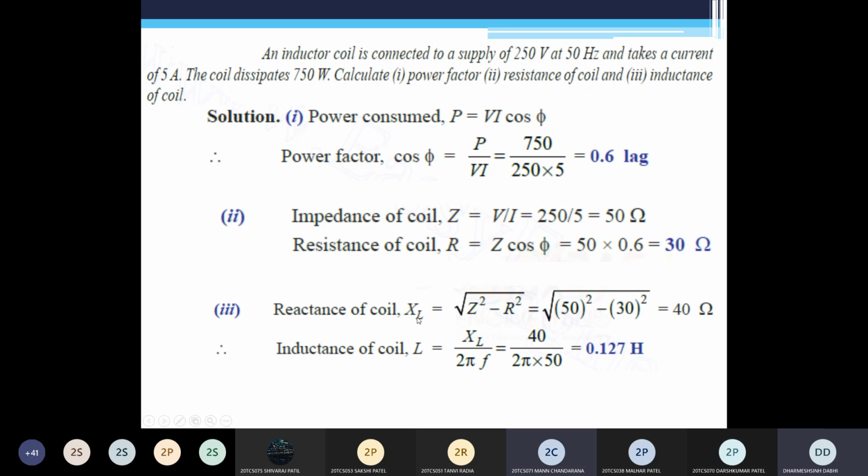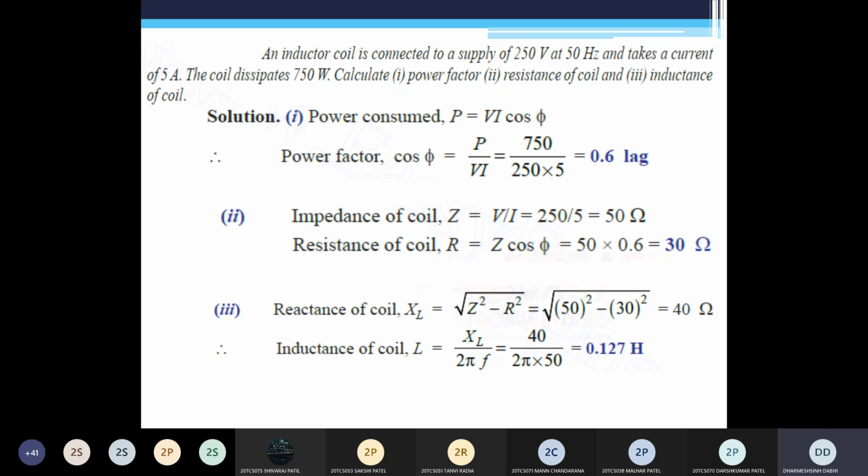First of all, find XL, which is square root of Z square minus R square. So it is 40 ohm. And we know that XL is 2 pi F into L. So L is XL divided by 2 pi F. F is given, XL you already calculated as 40. So the answer is 0.127 Henry.